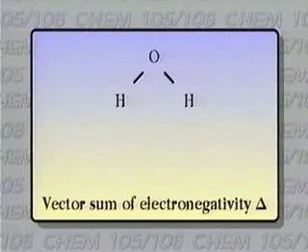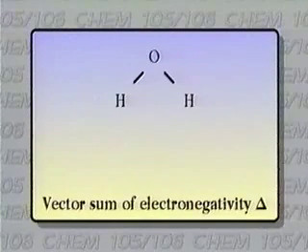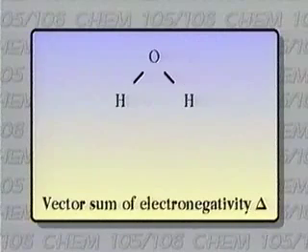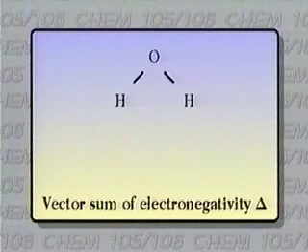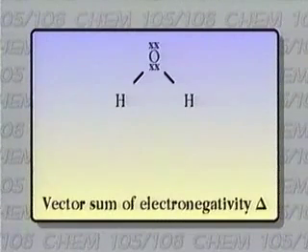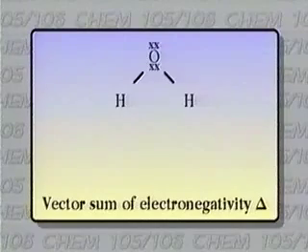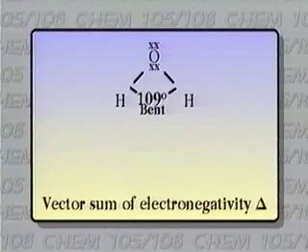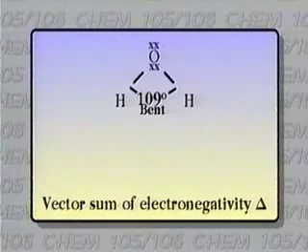In other words, vectors indicate direction and magnitude of electronegativity difference. Let's take, for example, water here as our molecule, and we've done the Lewis structure now, and of course we would have a couple of non-bonding pairs there. We do the Lewis structure, and then the geometry would tell us that this is a bent molecule. As a matter of fact, the bond angles in here are about 109 degrees.